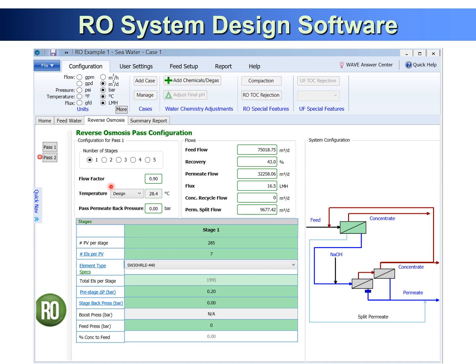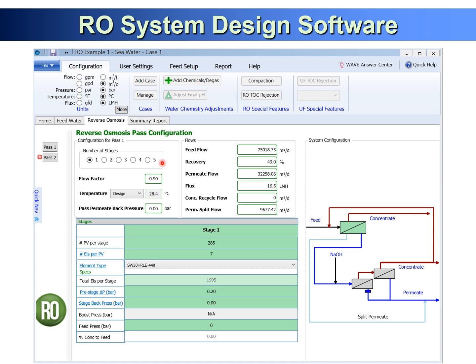The flow factor is about your membrane fouling tendency, which means if you have a new membrane, you have a very high flow factor of 1. But if you have an old membrane, after 1 year, 2 years, 3 years, the membrane flow factor will decrease.